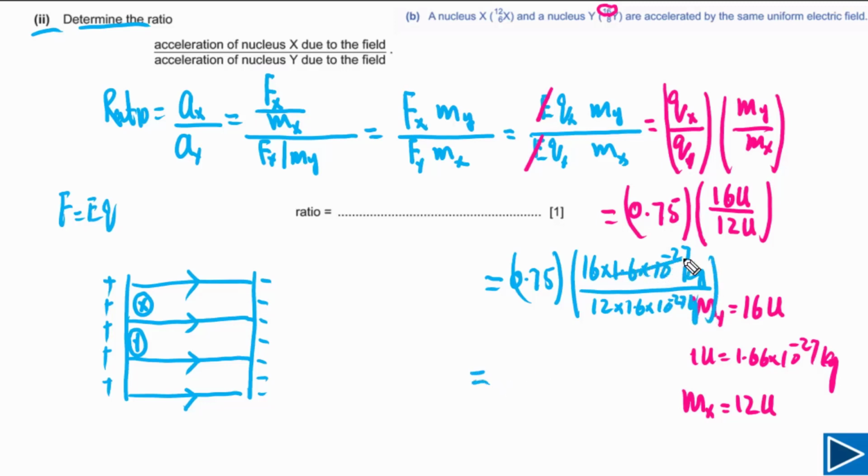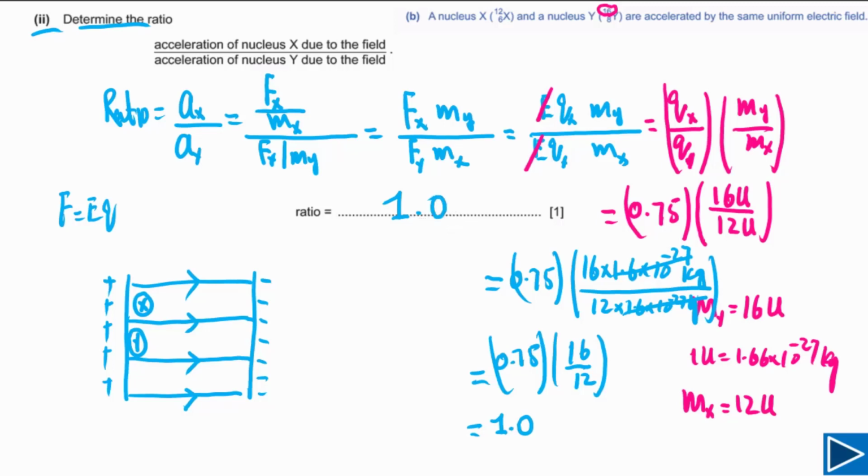So 1.6 times 10 to negative 27 we can cancel. So we are left with 0.75 multiplied with 16 divided by 12. So if we solve this one, our final answer is going to be 1.0. And this is the ratio between acceleration of X and acceleration of Y.